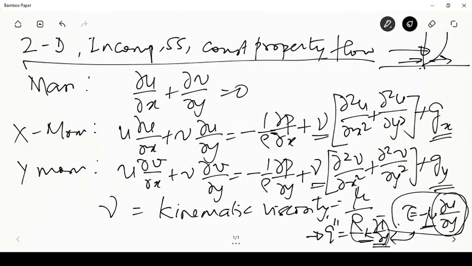So if the fluid is more highly viscous, then for the same velocity gradient you will have a larger shear stress, and if the fluid is less viscous, that is the smaller value of mu, then it will have a smaller shear stress. So these two are quite analogous quantities, and this shear stress can be looked upon as the flux of momentum.